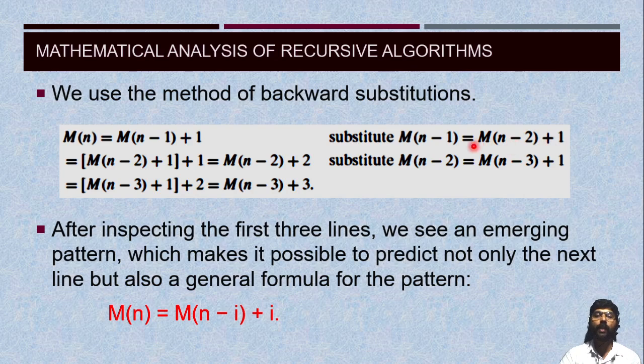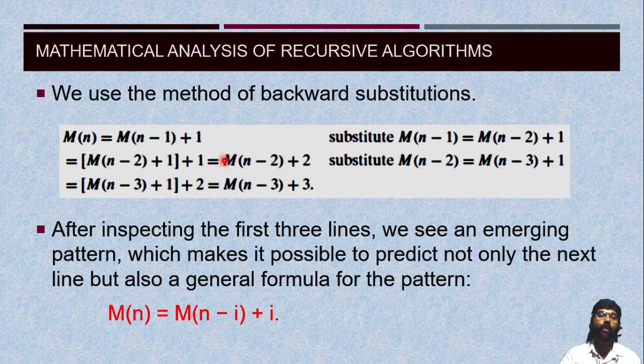I apply this formula on the m of n minus 1, which results in m of n minus 2 plus 1, and the additional plus 1. When you simplify, you get m of n minus 2 plus 2.